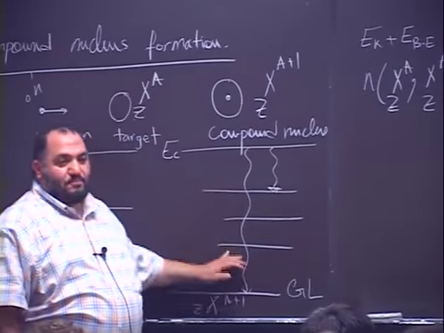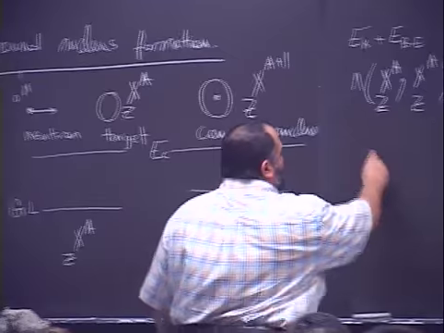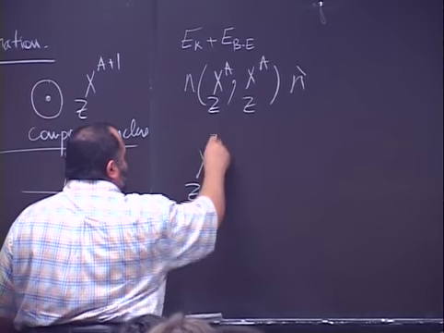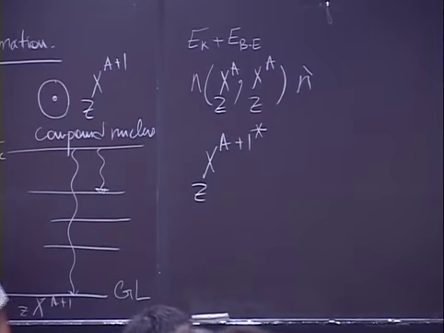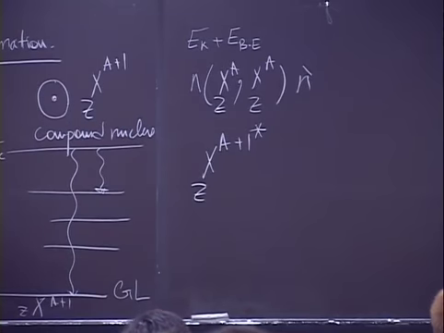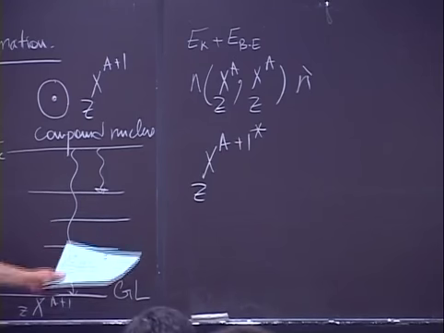If it's not prompt and you emit to a certain level like this, usually the nucleus is still ZA plus 1, but with an asterisk. And we call this isomerism. So the nucleus is in an isomeric state.